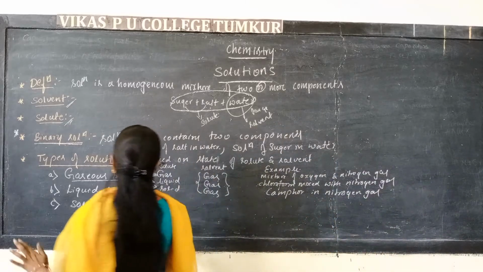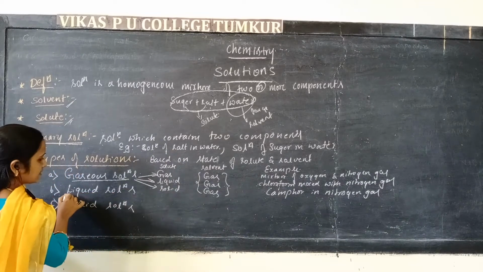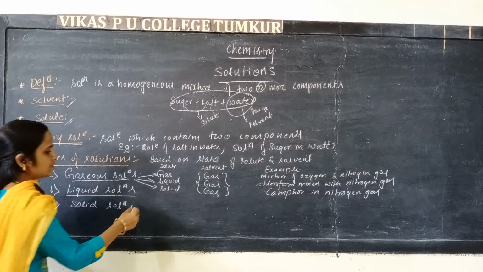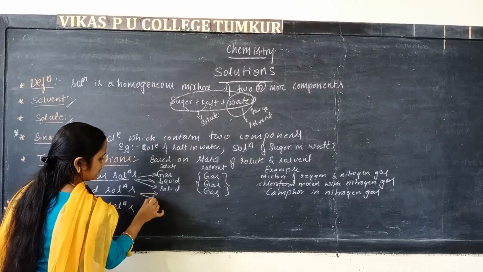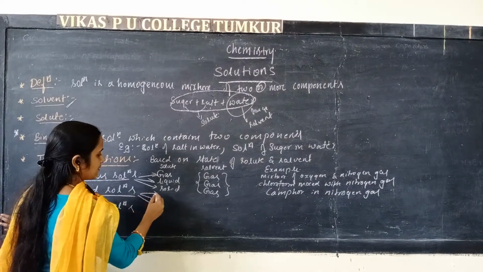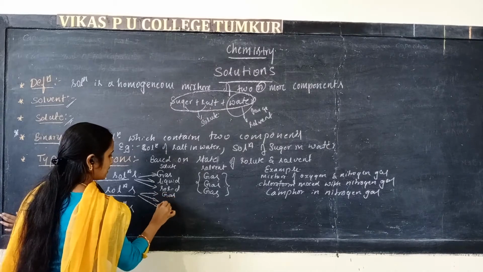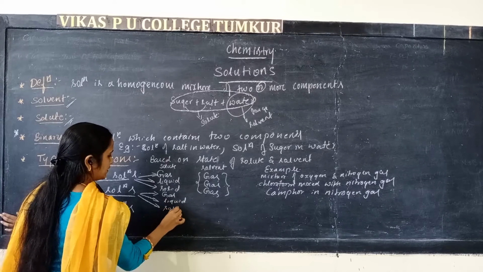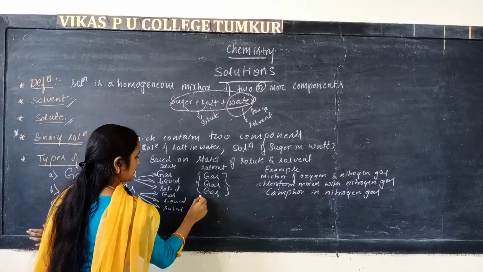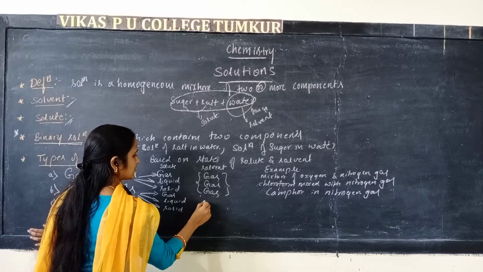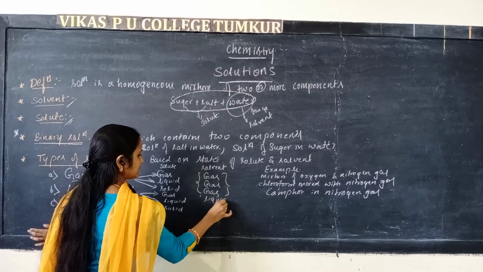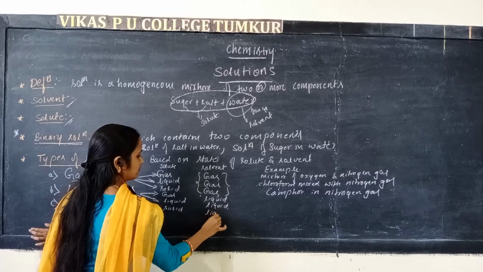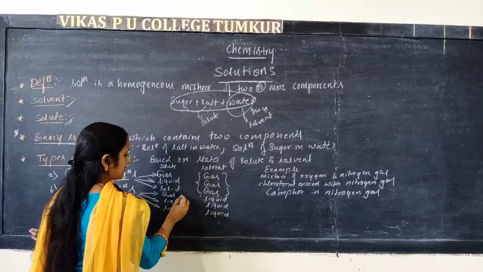Next we come to the second type, the liquid solutions. In liquid solutions, there are again three types: the solute can be gas, liquid or solid. In all three cases, the solvent is liquid.